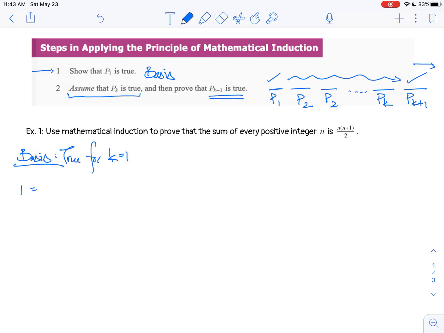That should equal, if we plug 1 into this formula, 1 times 1 plus 1 over 2. Nothing to simplify on the left-hand side, but the right-hand side equals 1 times 2 over 2, or 1 equals 1. And so we have shown that our basis step is true, or that it's true for p sub 1.